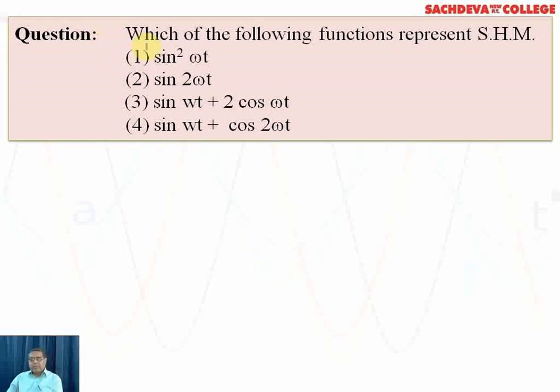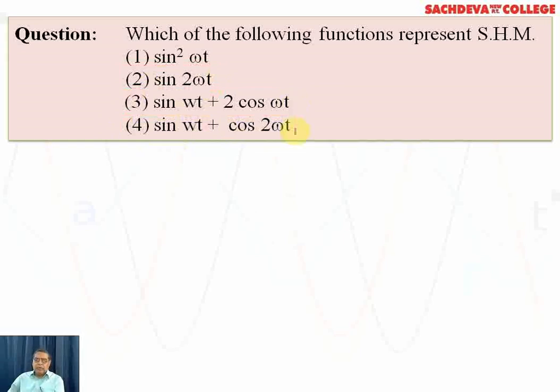Now our next question is, which of the following functions represent SHM? There are four functions given, one in terms of sine square and the other plain functions like sine 2 omega t, sine omega t plus 2 cos omega t, sine omega t plus cos 2 omega t.